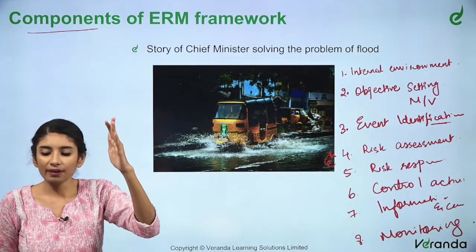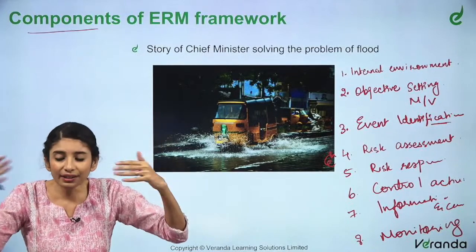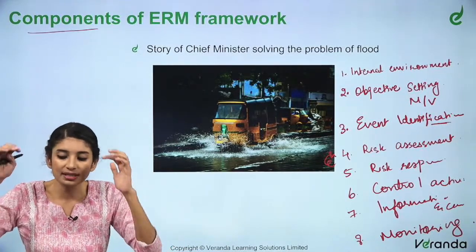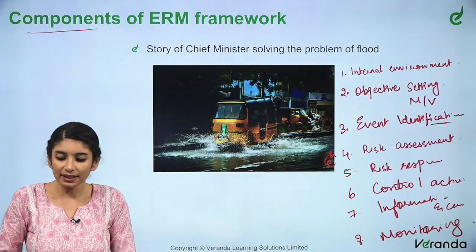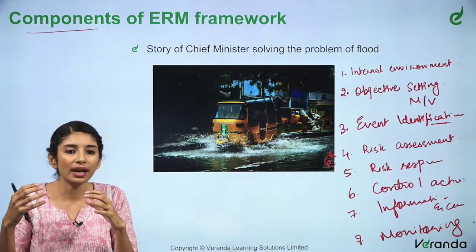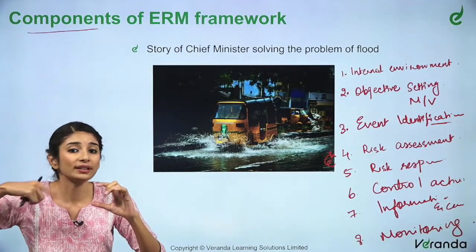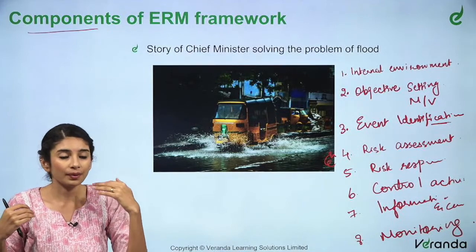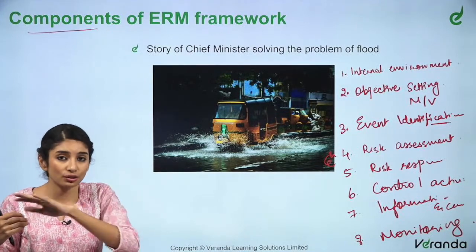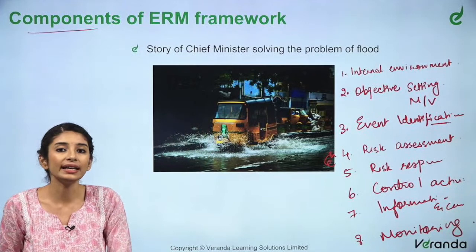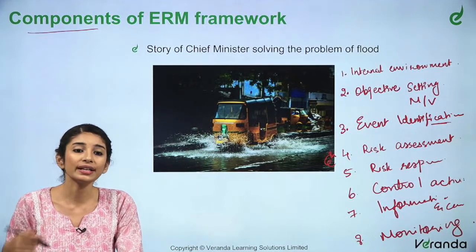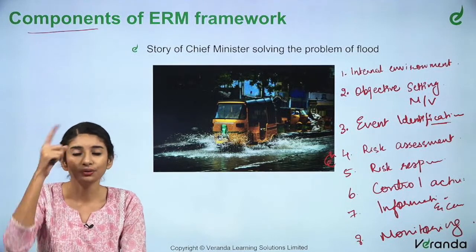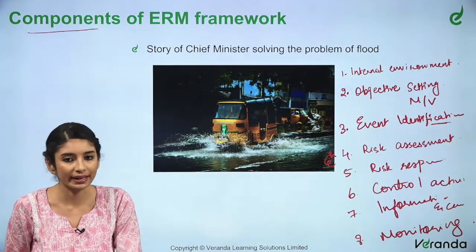So: internal environment, objective setting, identify the events, assess the risk, understand the response you are going to give to that risk, and have control activities in place. Based on your risk assessment, you will decide what controls you want to put. After those control activities, you need to give information and communication to the entire organization, and finally, monitoring. In case of any deviation or where things are not up to the planned level, inform the board of directors and take corrective actions.